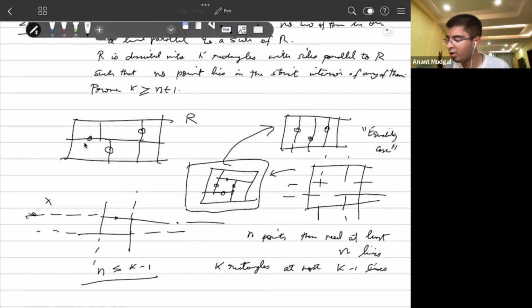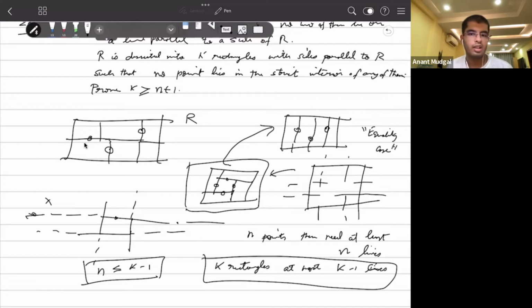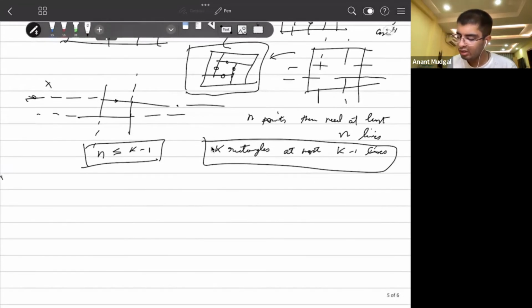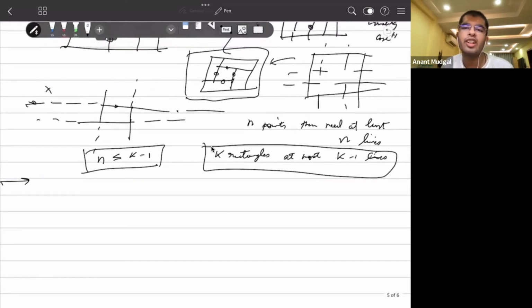So n ≤ k-1 will follow if you can show this claim. If you can show that for k rectangles you get at most k-1 lines, then you'll get that k is at least n+1. Okay, so this is like some reduction.